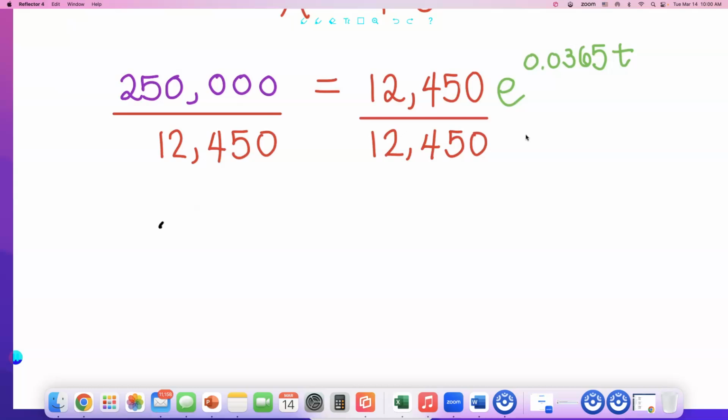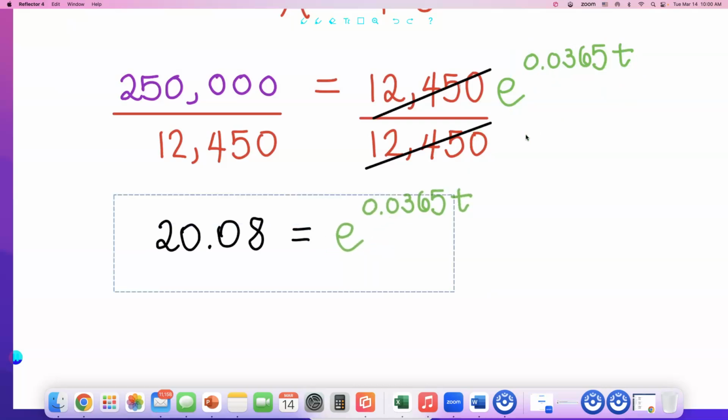I got 20.08, and I see a couple more decimals after it, but I'll just round it to that. On the right side, that canceled out, so the only thing left is that green exponential term. I'll just copy this down.